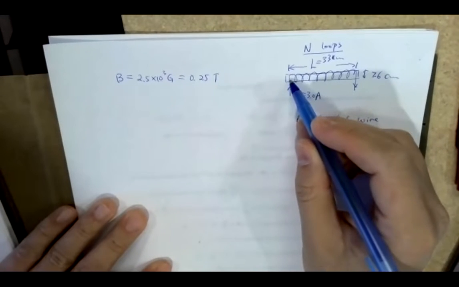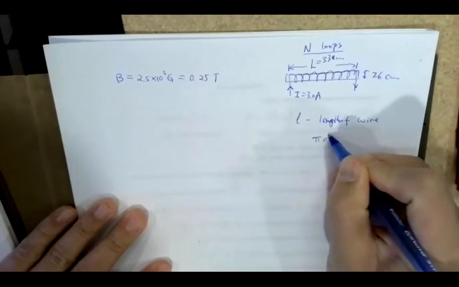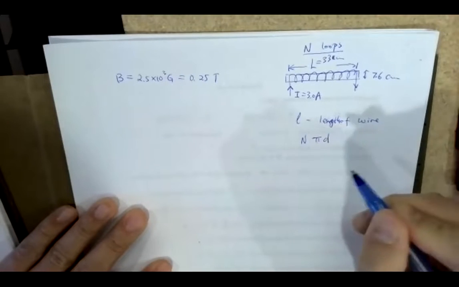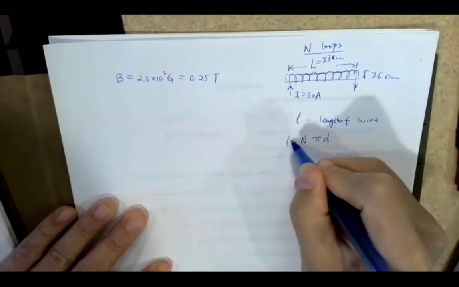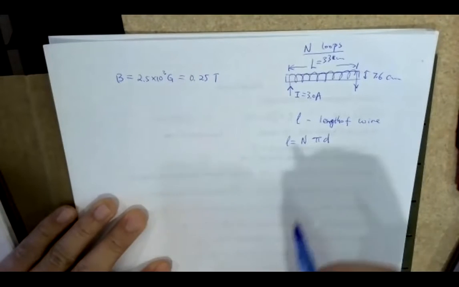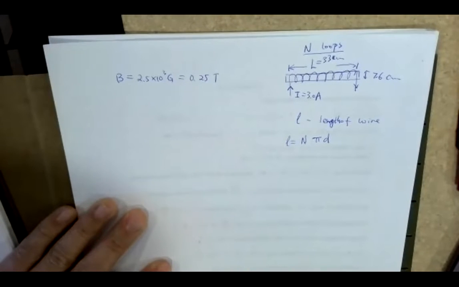Each loop has a length of pi times d, that's the circumference of the circle, and times the number of loops you have, that should give you your total length. So your total length equals the total number of loops times pi times d, the circumference of each loop. Now the question becomes, how do you solve for the total number n?